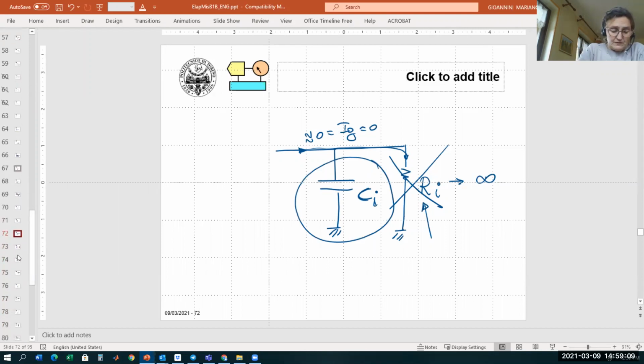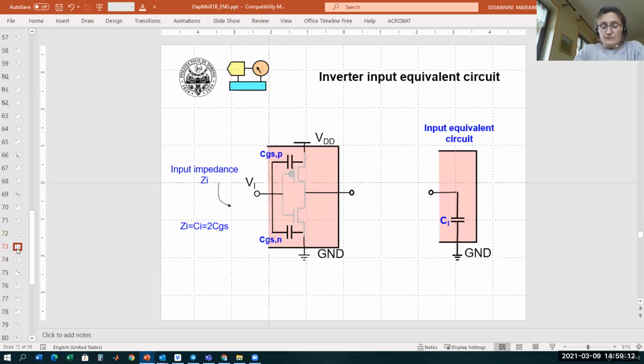So in conclusion of this understanding, we can say that the equivalent input impedance of the CMOS is given basically by the sum of the two capacitances of the gate of the N and of the PMOS. And if we look in this direction, so this is the gate, the input node, we can say that we will see only the input capacitance connected to ground.